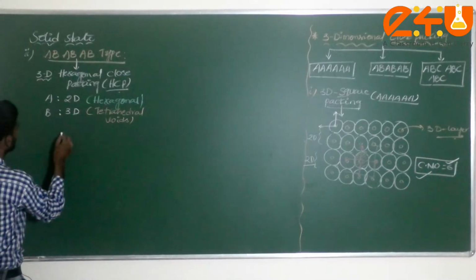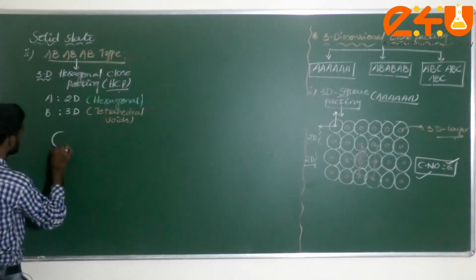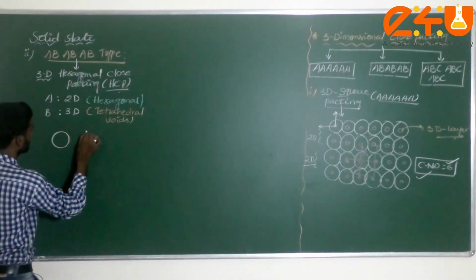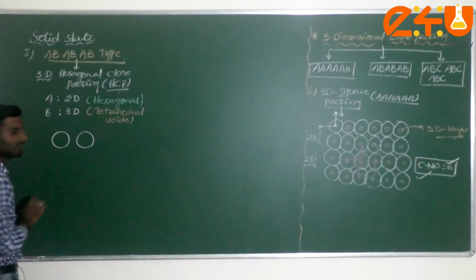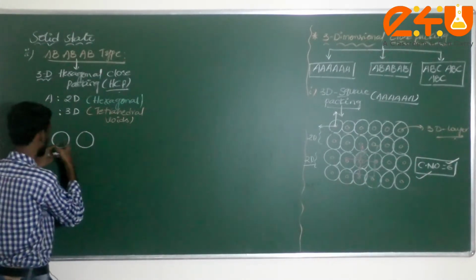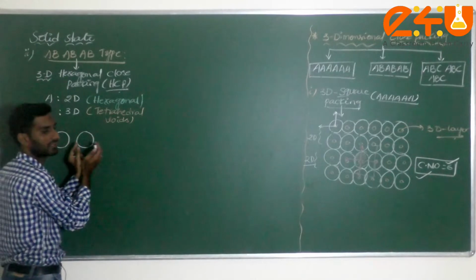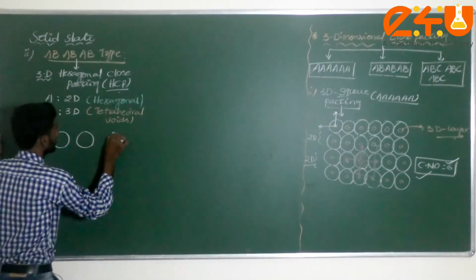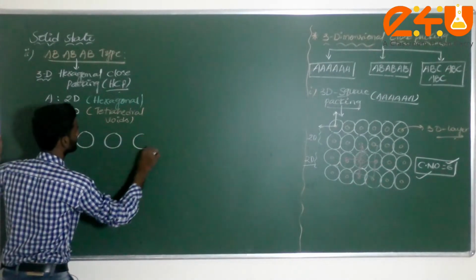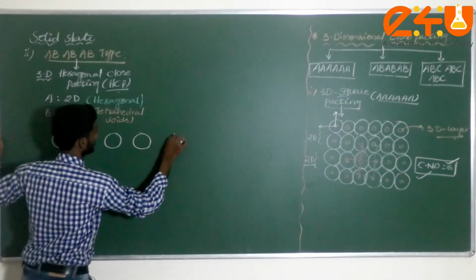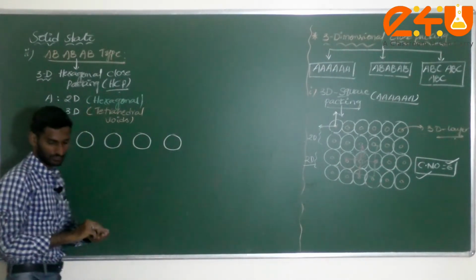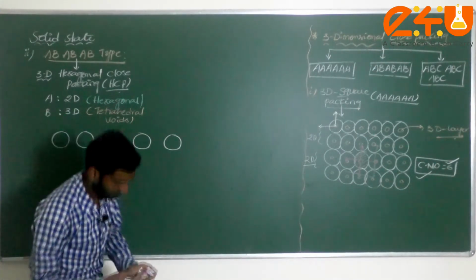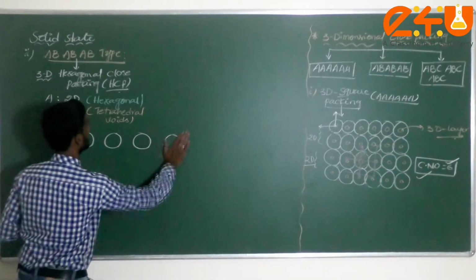Generally we have to keep the atoms touching one another, but only to help you understand, I am drawing it like this. This is an atom, this is the third atom, the fourth atom, and we can consider a fifth atom.